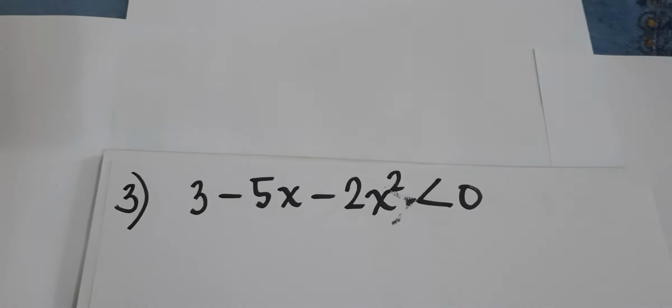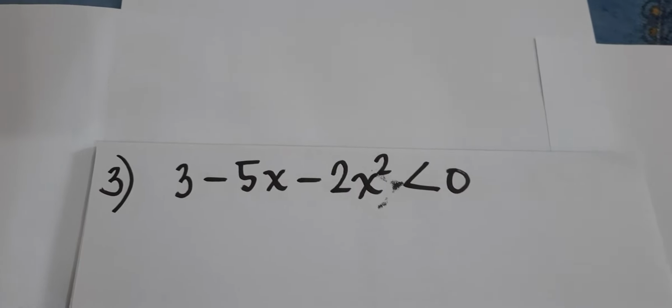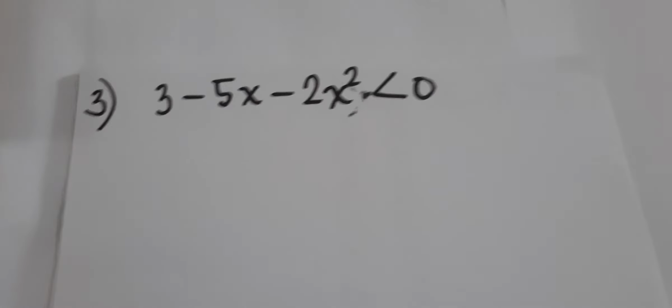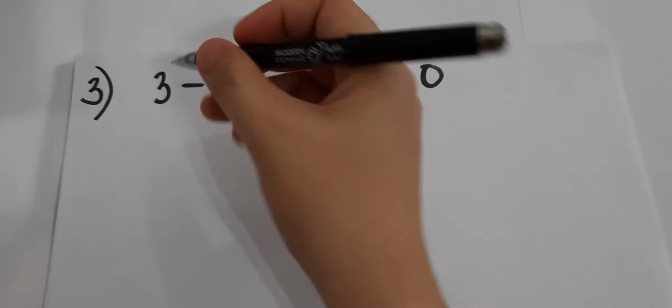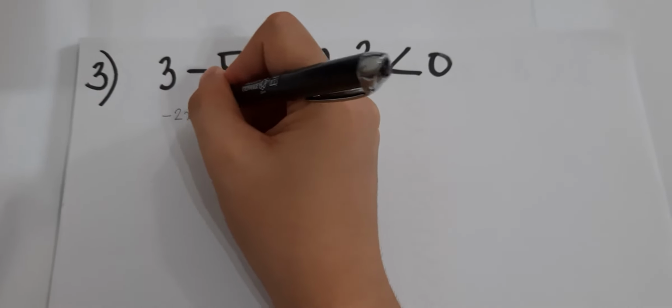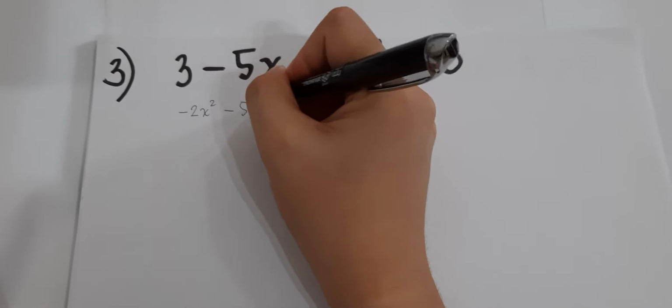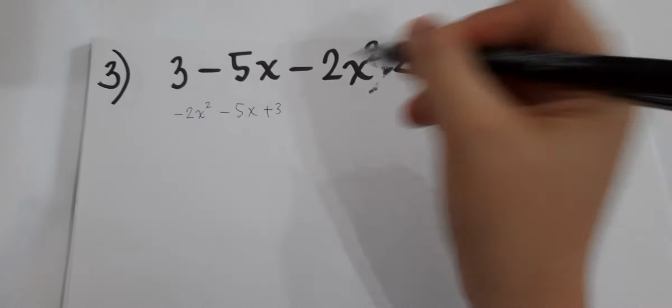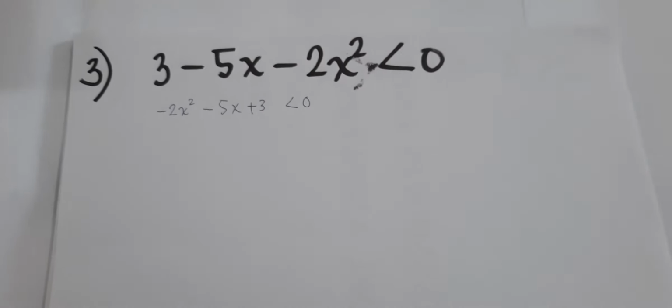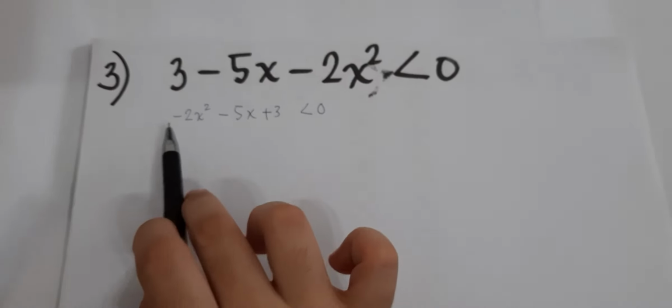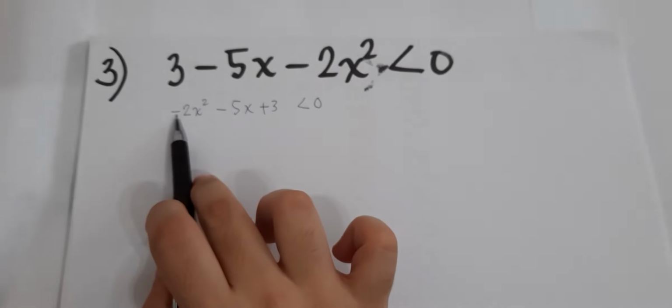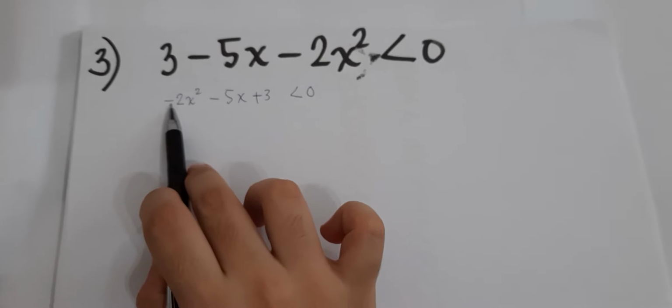Okay. Let us have our third example. The first thing you have to do is to arrange. Always arrange your inequality starting with the highest power. Now here, if you remember, the graph for this one is downwards.